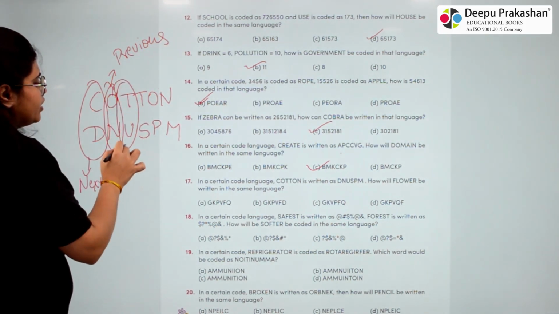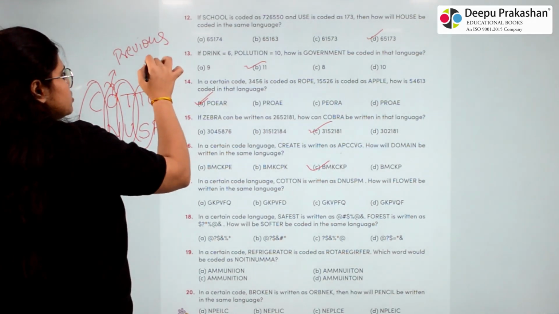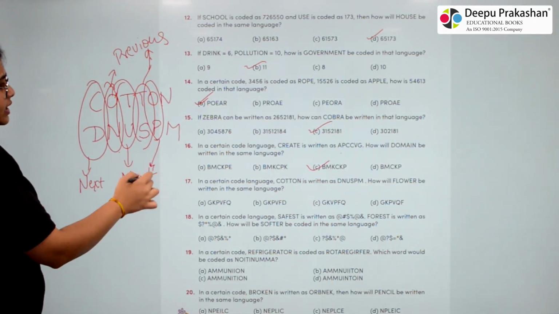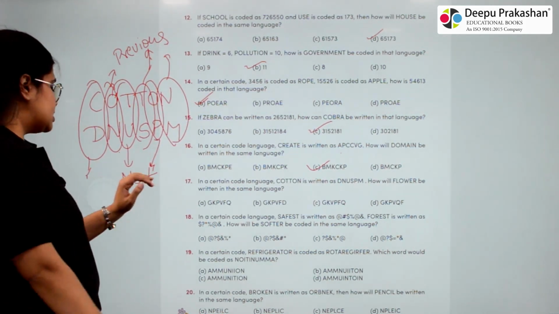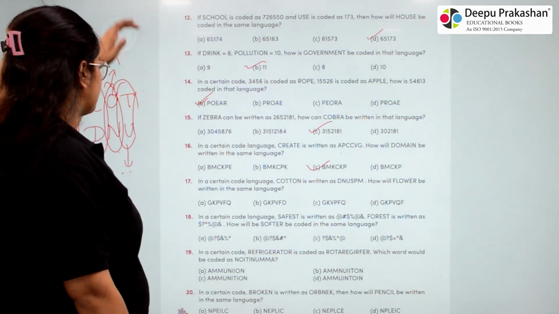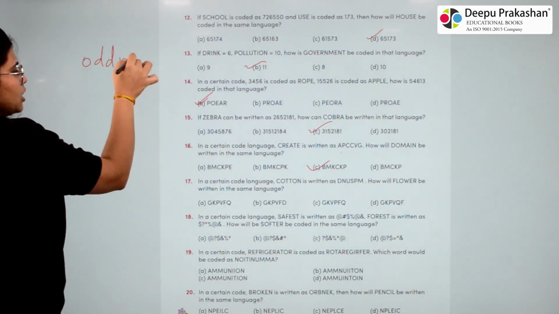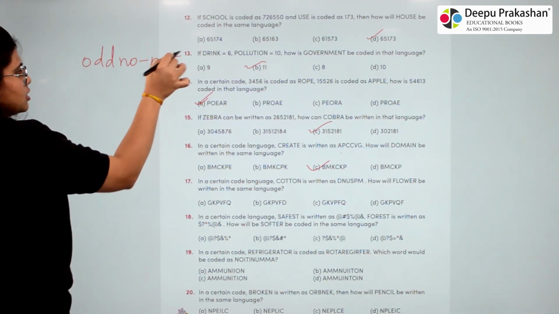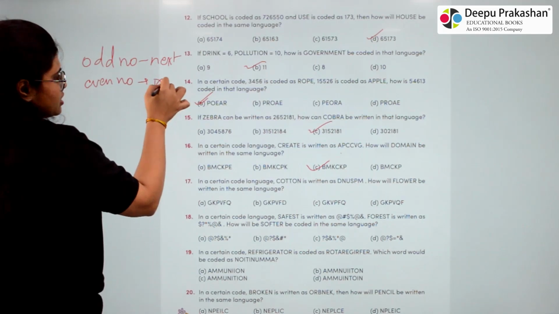For the third one we are using next. Fourth one we are using previous. Similarly, fifth one is using next and sixth one is using previous. That means odd numbers are using next and even number using previous.